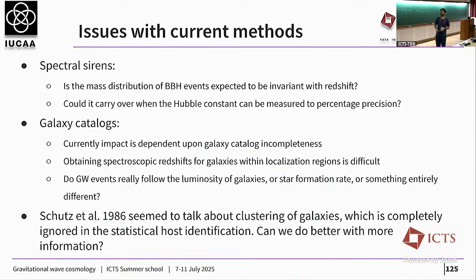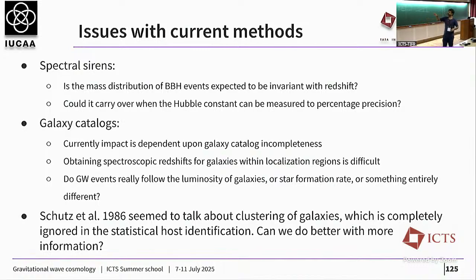And because of that, the language that was used is slightly different from the modern language that we are now used to. But if you look at that paper carefully, it never tells you that you have to identify exactly the galaxy host for the gravitational wave event. Okay. In fact, it says that there should be galaxies which are clustered around these gravitational wave events.